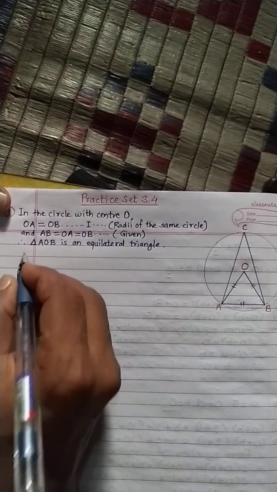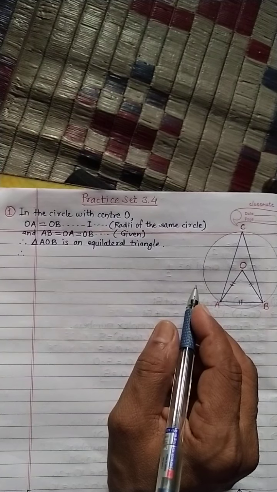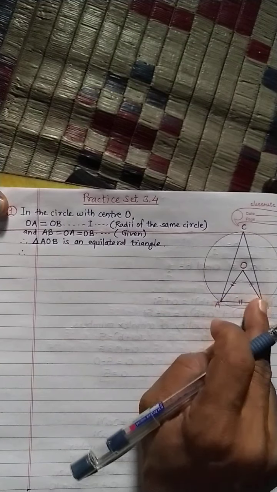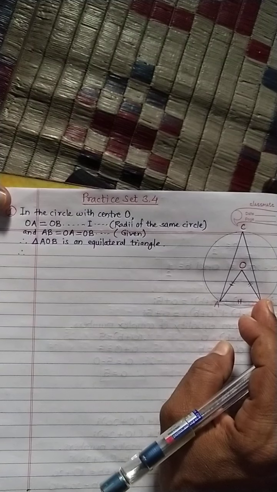So here I have to write, angles of an equilateral triangle are equal to each other also.